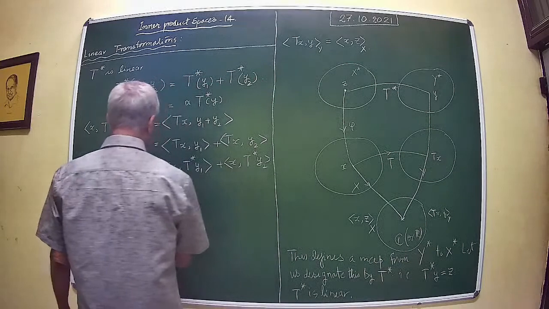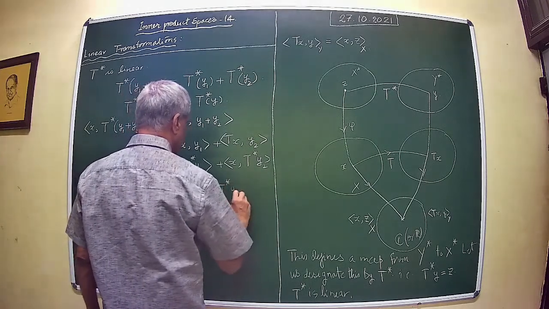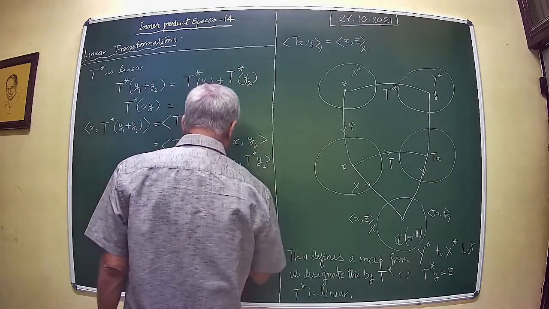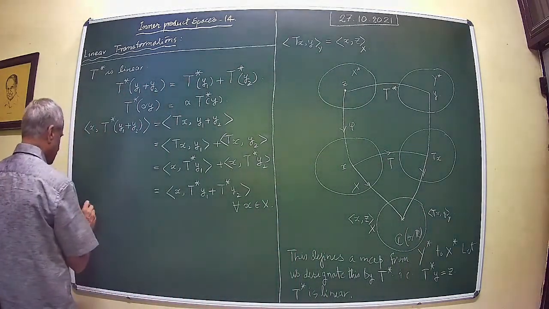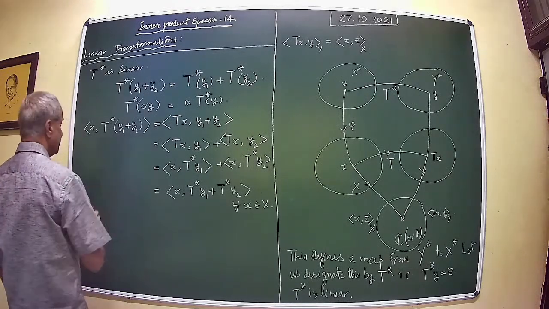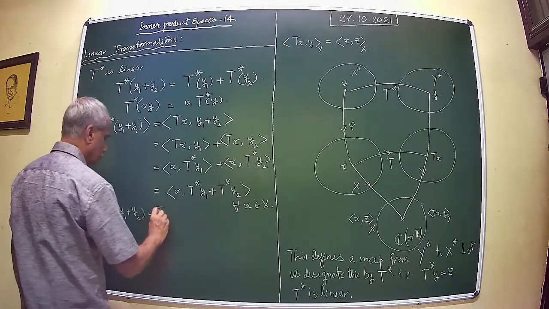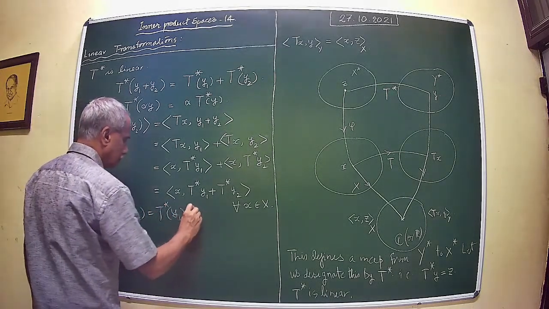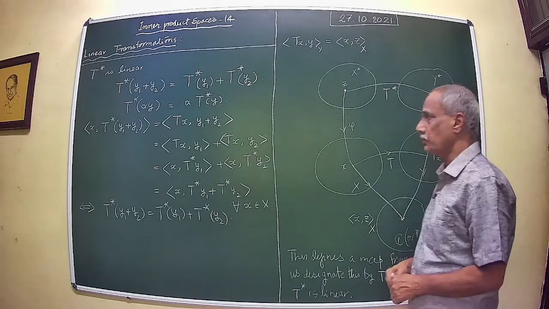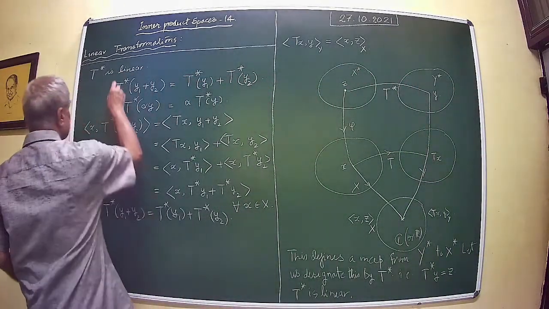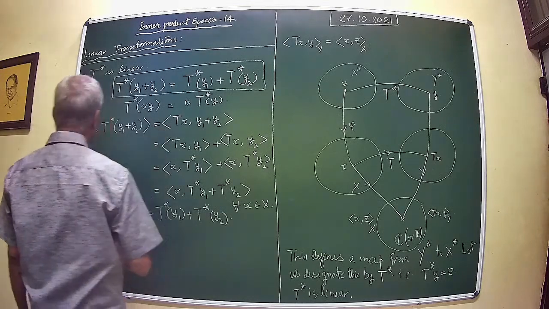So this is equal to... And this is true for every x belonging to X, which in turn implies this is true if and only if... Now similarly let us work on this. So this is the first part.